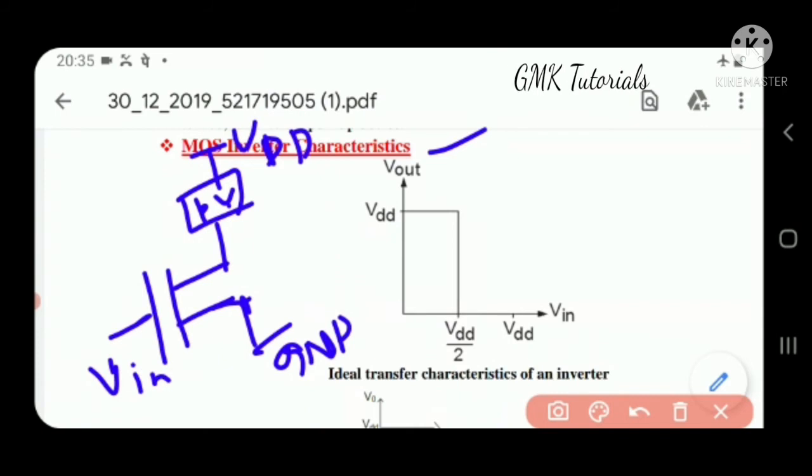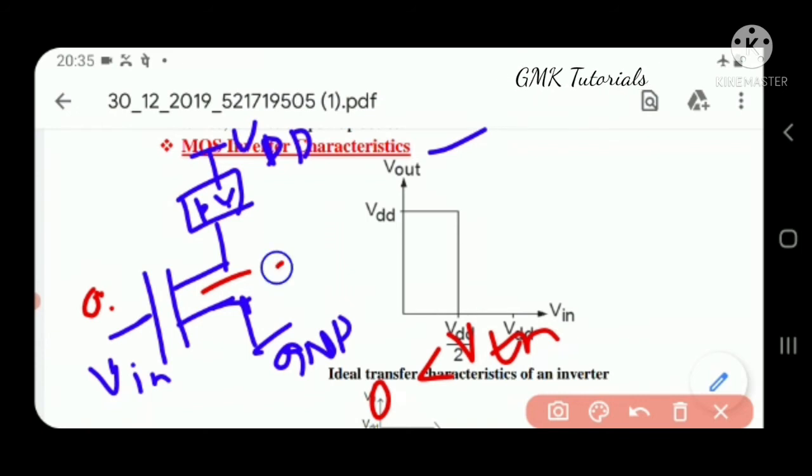Let us consider when the input value is equal to 0. At that time, the input voltage is less than the threshold voltage of the NMOS transistor. Therefore, the transistor is off and acts as an open circuit.